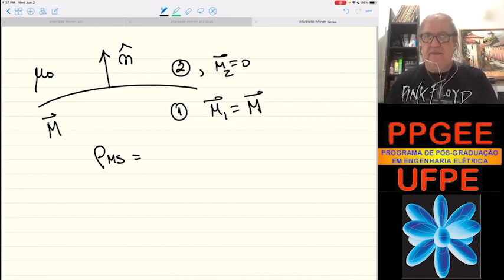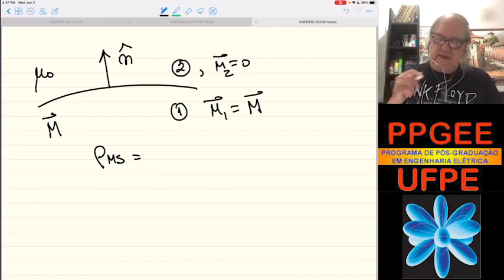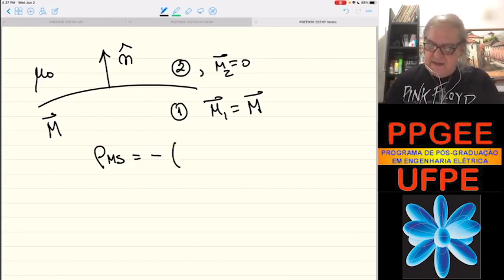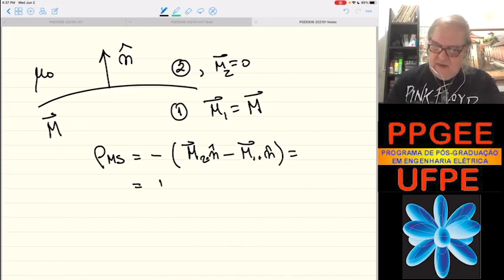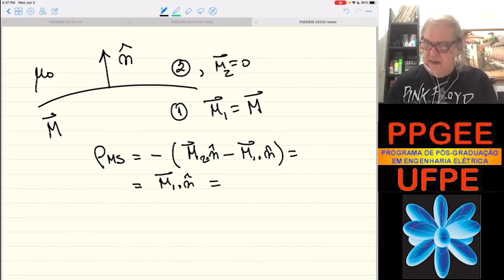With m2 equal to 0, with the minus sign, it's going to be minus m2 dot n, which equals m1 dot n, which equals m dot n.